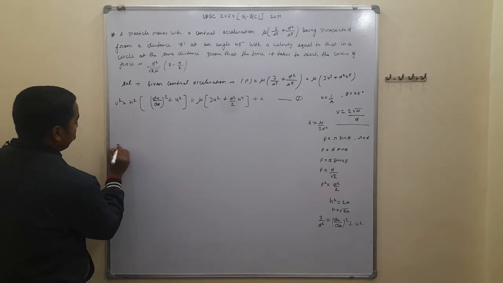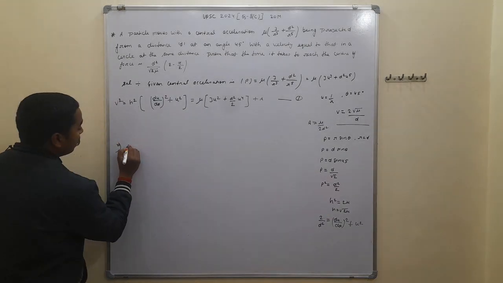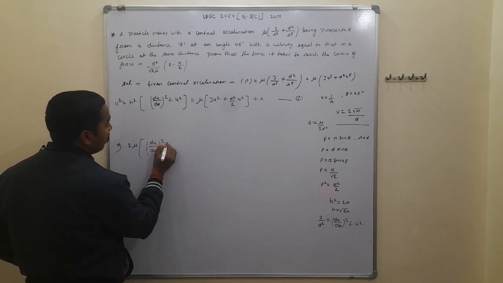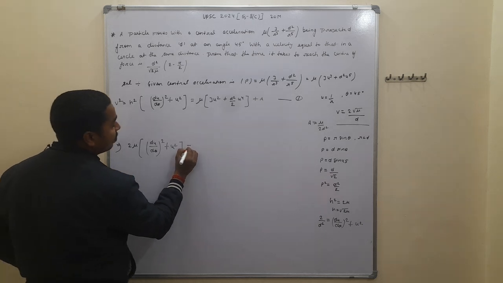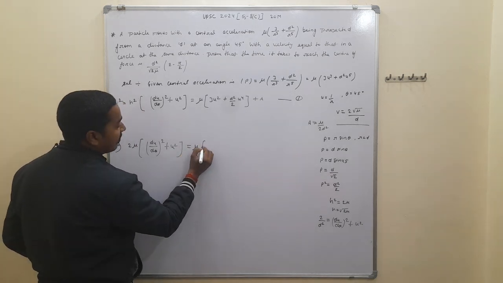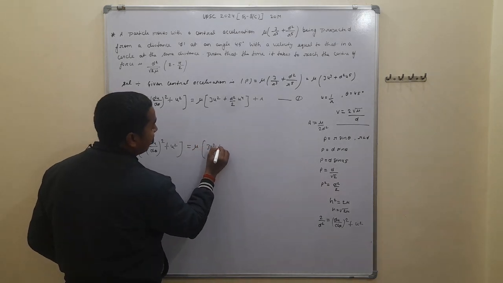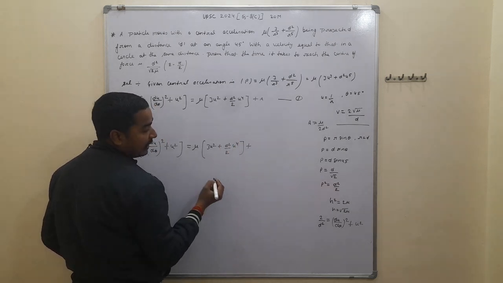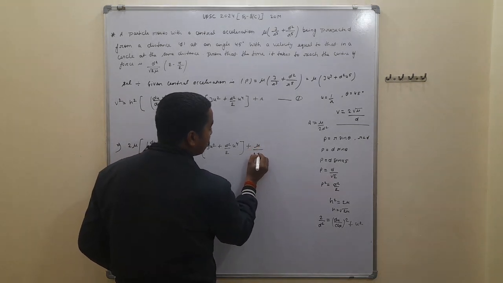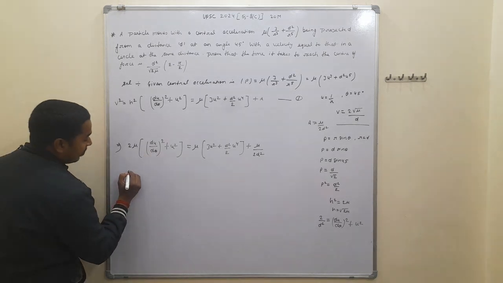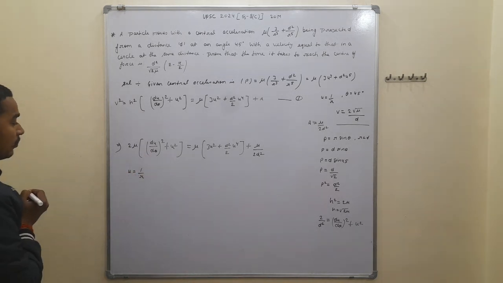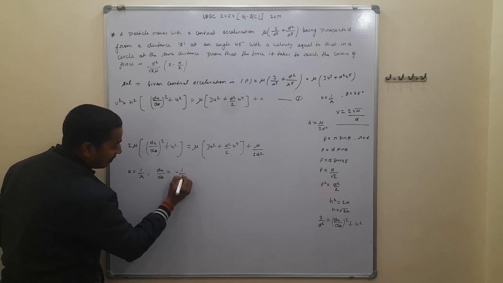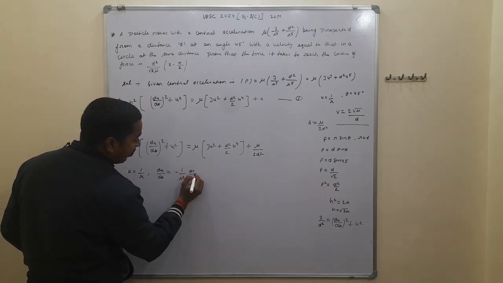Putting the value of h, that is h square is given by 2 mu into du upon d theta whole square plus u square, and is equal to mu times 3u square plus d square upon 2 u to the power 4, and the value of a is given by mu upon 2d square, and we have to put here u is equal to 1 by r, and we can also find the value of du upon d theta from here, that is minus 1 upon r square dr upon d theta.